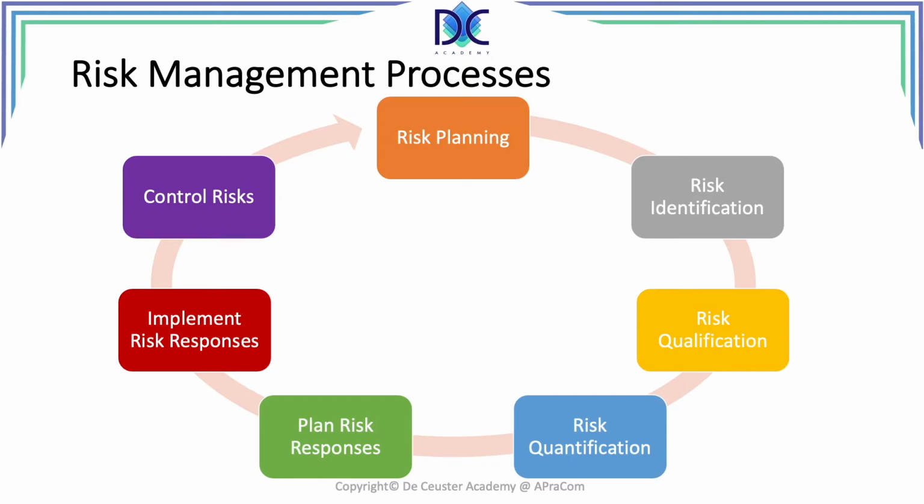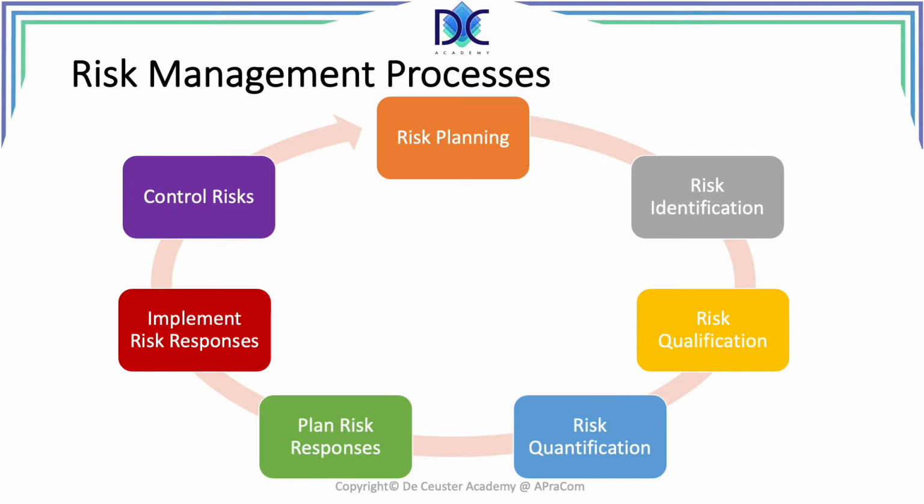Once we identify that, we're going to plan the risk responses. We look at all those risks that we quantified, and we are going to define the responses that we will implement during project execution.